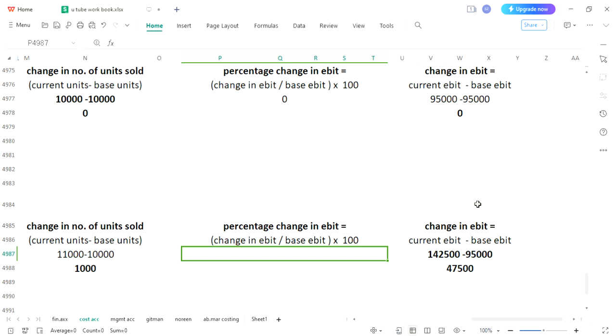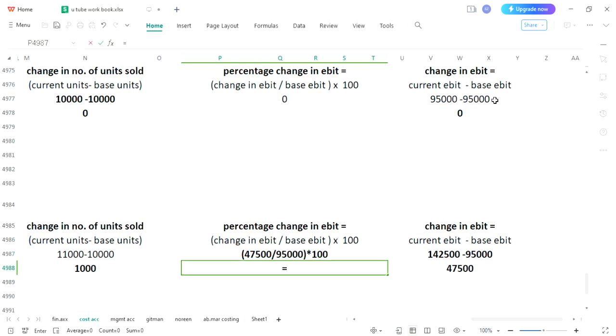Let's put it over here. 47,500 is your change in EBIT. You need to divide by base EBIT. Look over here, base EBIT was 95,000. Close your bracket and finally multiply it with 100.